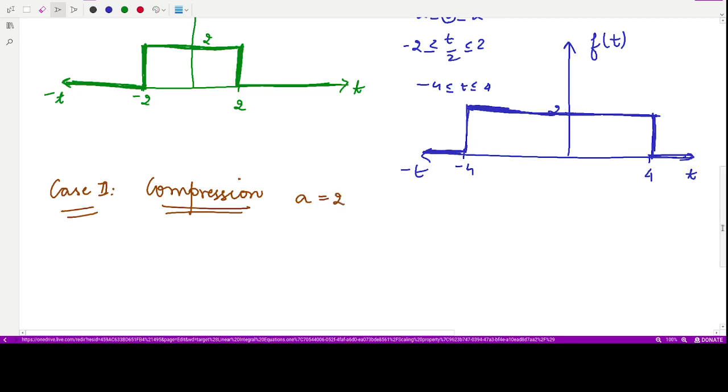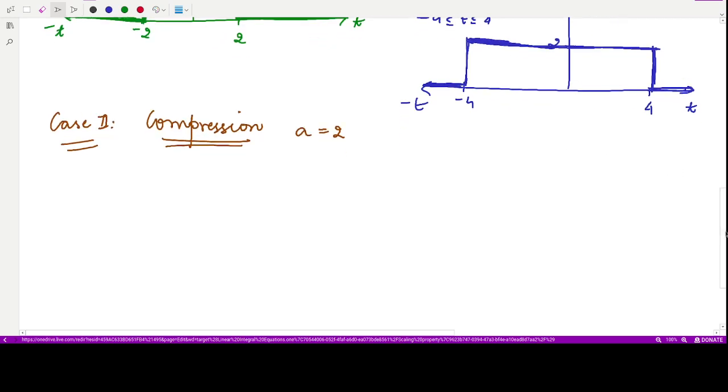Then your function would become f of 2t. The function's values 2 and 0 would be the same, but now the interval would change. Earlier the interval was between the points -2 to 2. Now within the same limits, instead of t we have 2t. So it would be -2 to 2, the value is 2t.